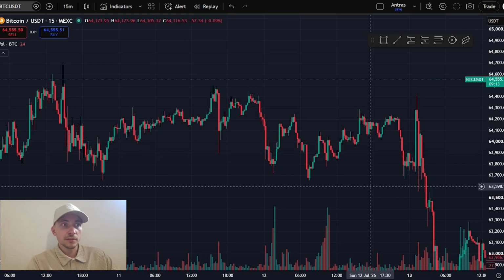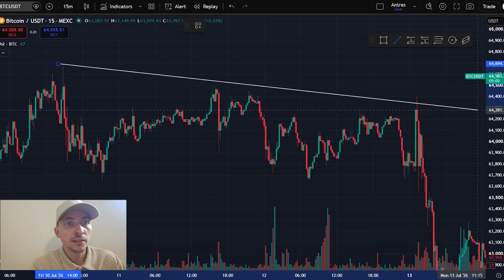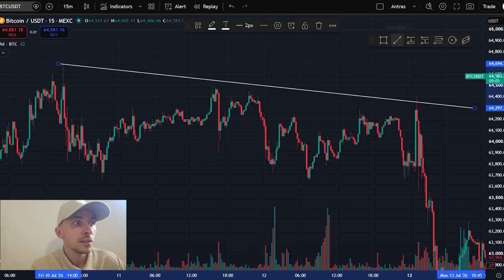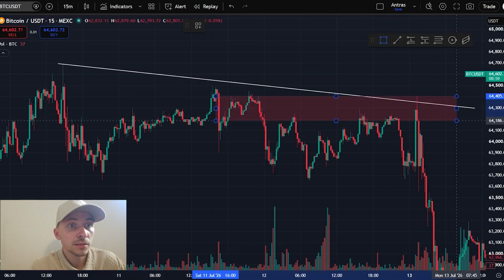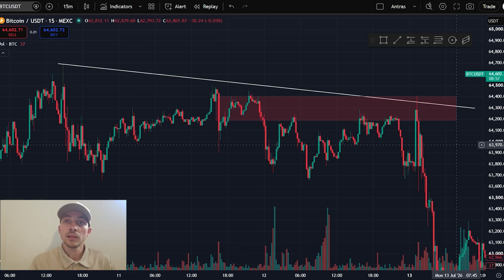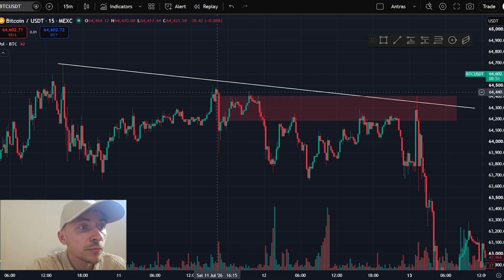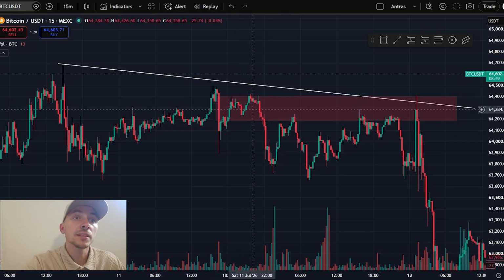What do we have here? The price is going down a little bit. And here we had a bearish fair value gap, one from the wick to the wick, and the price is filling it.